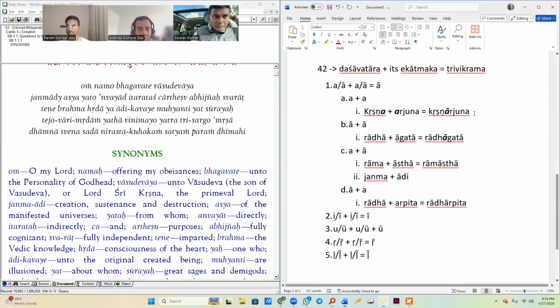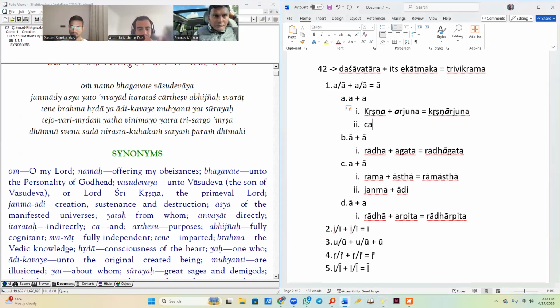So this is the first category. What else? That's all from this verse. So in this way, these sandhis are very common, rampant.